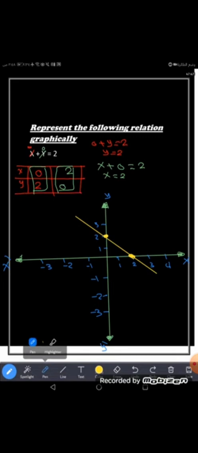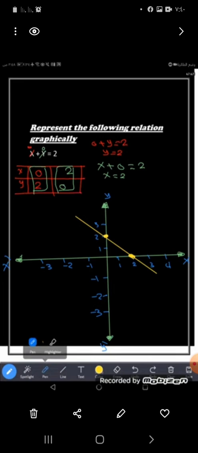Put here x 0, then I get x plus 0 equal 2, then y equal 2. When I put x equal 0, then I get y equal 2. If I make substitution for x equal 2, then I get y equal 0. Then I can draw the relation here. I get first point 0 and 2.